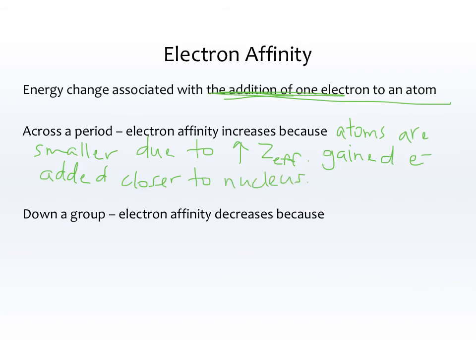As you go down a group, the electron affinity decreases because the atoms are larger, due to a greater number of energy levels.